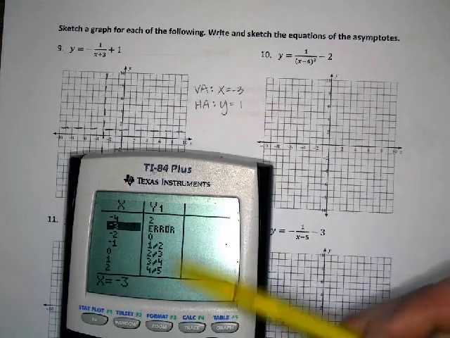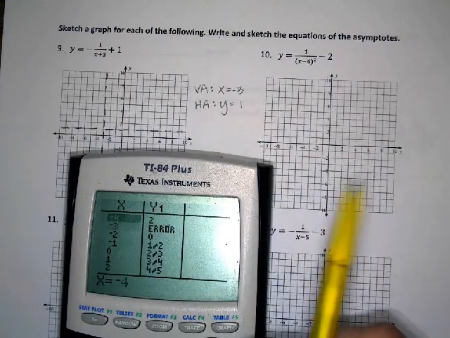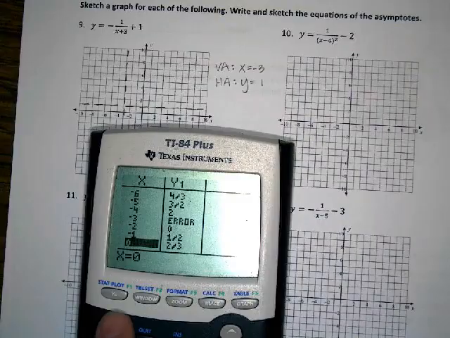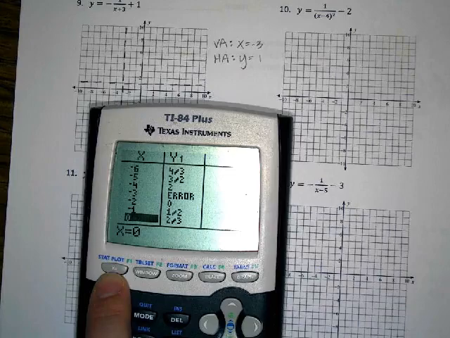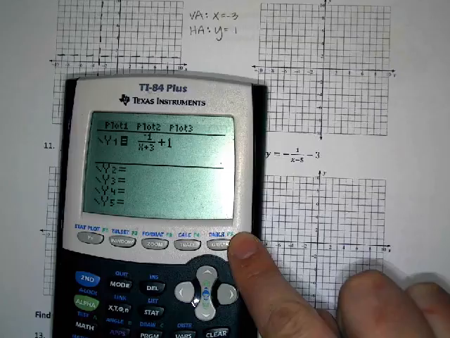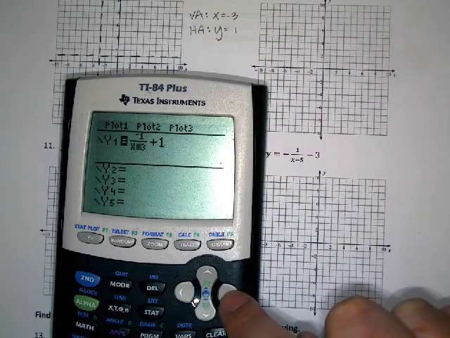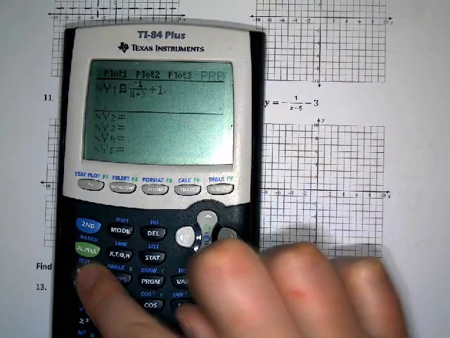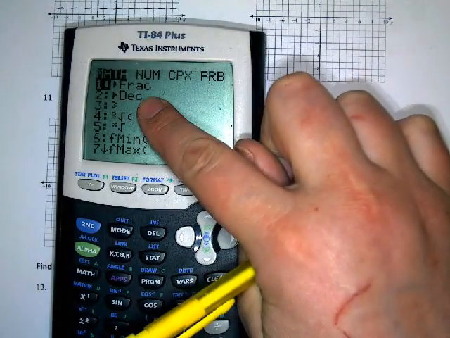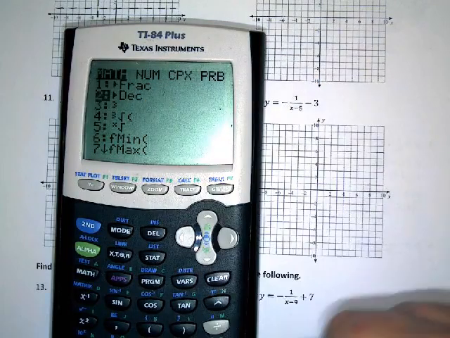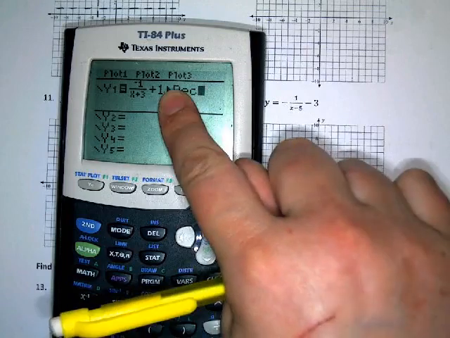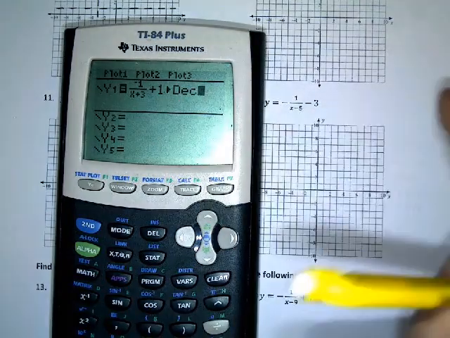Now, if you're uncomfortable with this giving you fractions as outputs because those are harder to graph, you can go back to your y equals button, and you can go to the end of your equation and hit the math button right here. And if you go down to number 2 and hit decimal, then it will take everything that you graph and turn all your outputs into decimals.